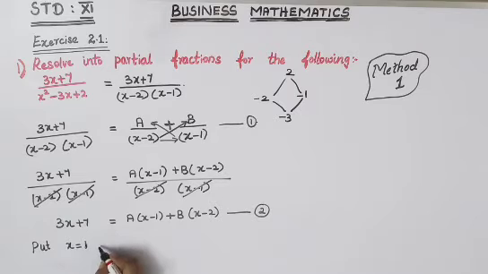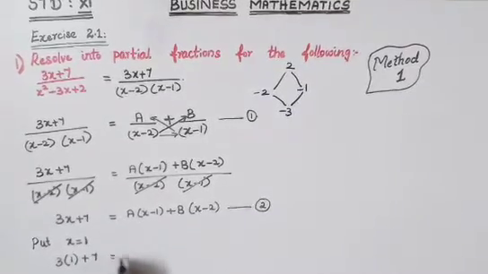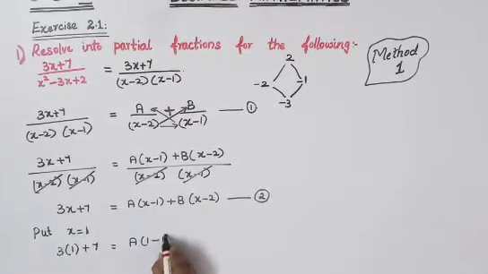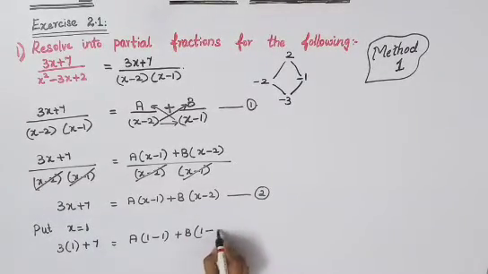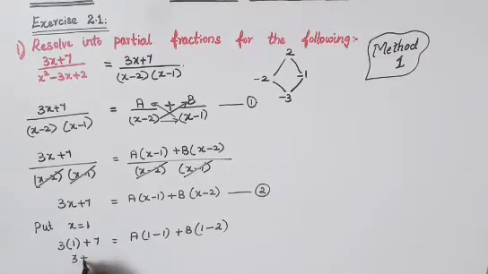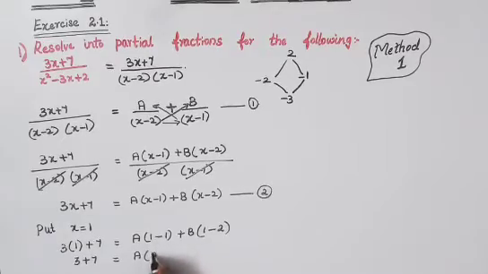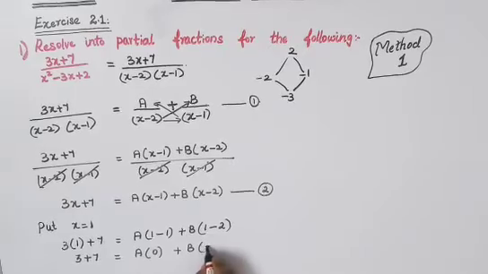Now substitute in equation 2. 3 into x, instead of x write 1. So 3 ones are 3, plus 7, is equal to A into (1 − 1) plus B into (1 − 2). 1 − 1 becomes 0, plus B into (1 − 2) is minus 1.